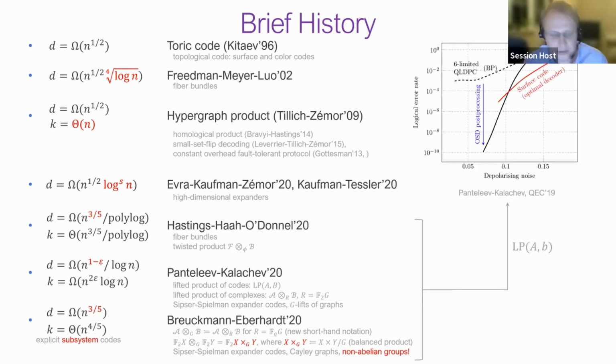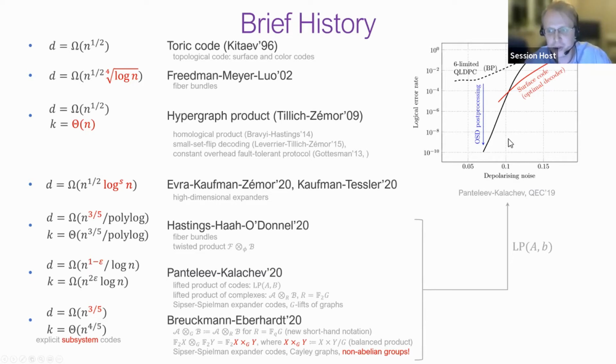It is also interesting to know that these three main results that were obtained are just instances of some preliminary version of lifted product that we introduced in 2019. So we called them GHP codes at that time.